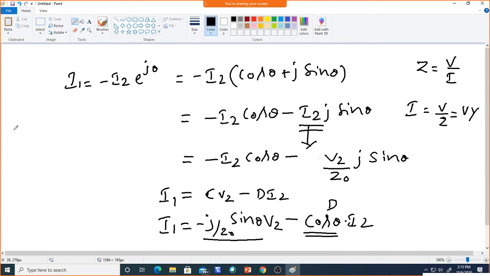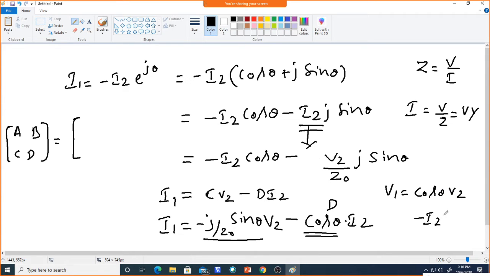So now what is the ABCD parameters for this transmission line? Earlier we have seen that V1 equal to cos theta into V2 minus I2 Z0 j sin theta.